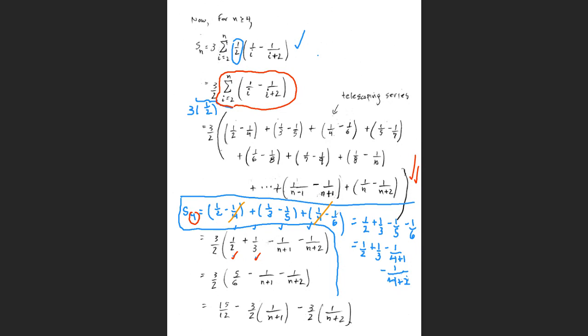So 3 halves times all of this equals 3 halves times all of this.